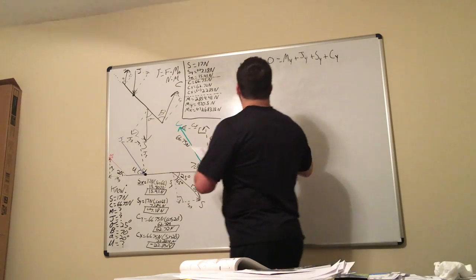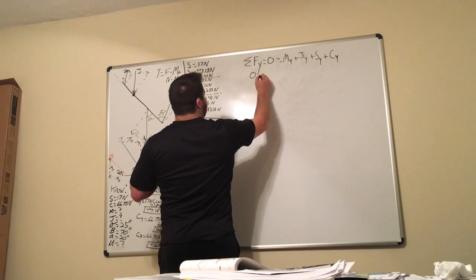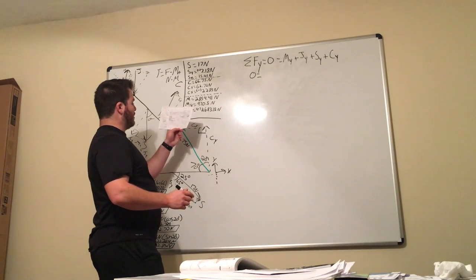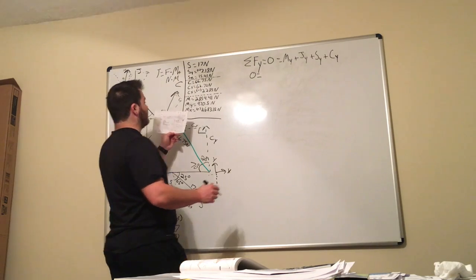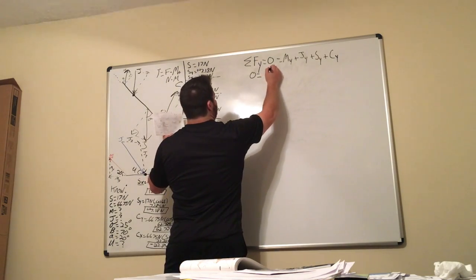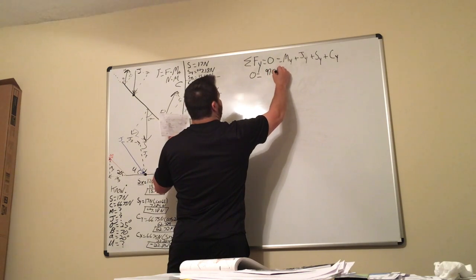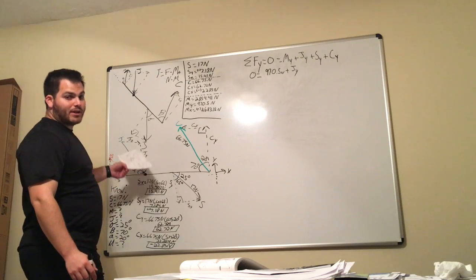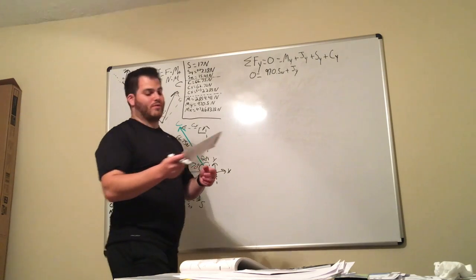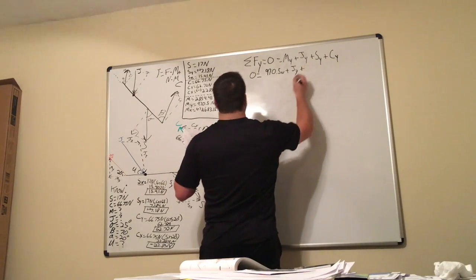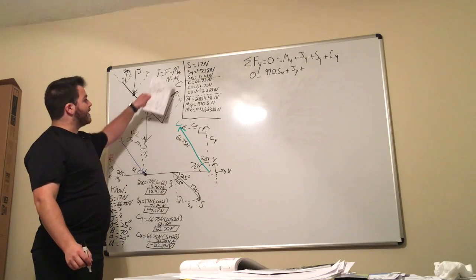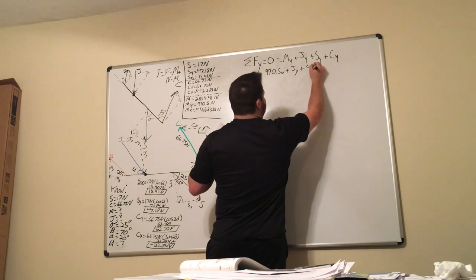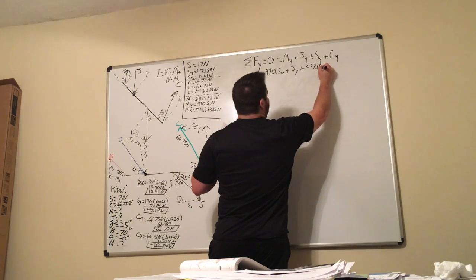So we have 0 is equal to M of Y, which is 970.5 newtons, plus our J of Y, well, that's the only thing we haven't found yet, so plus J of Y, or X if you want to change it to a variable, and plus your S of Y. S of Y is right here, and we found that to be negative 7.18 newtons.